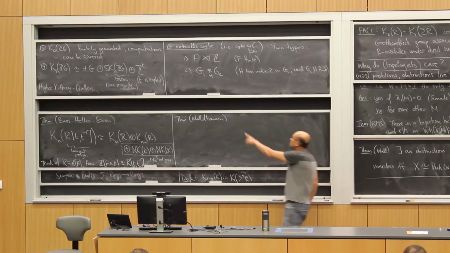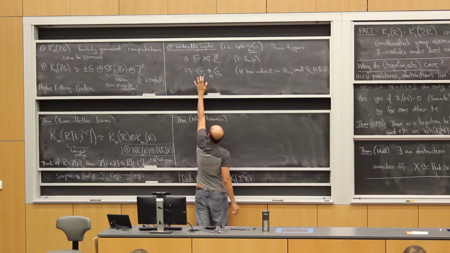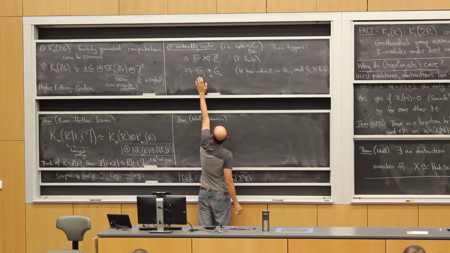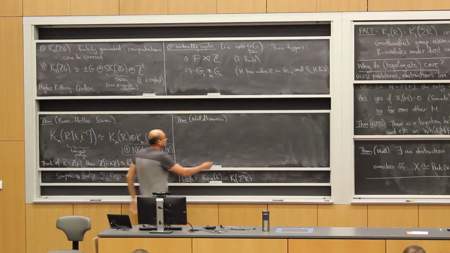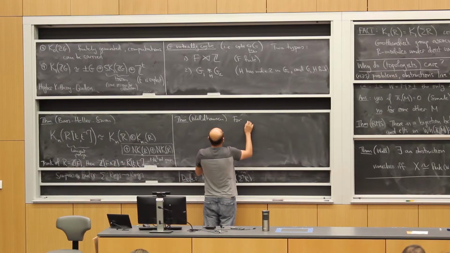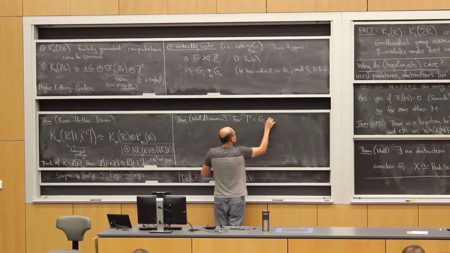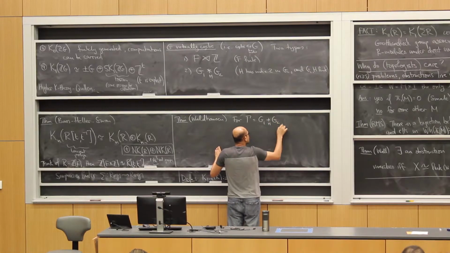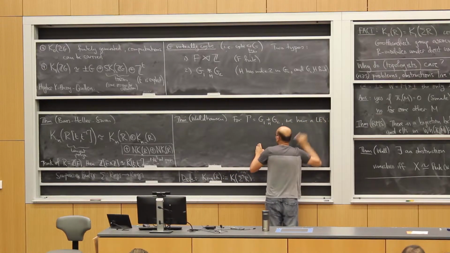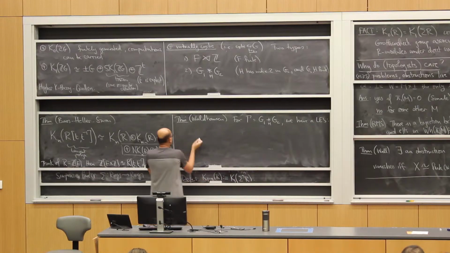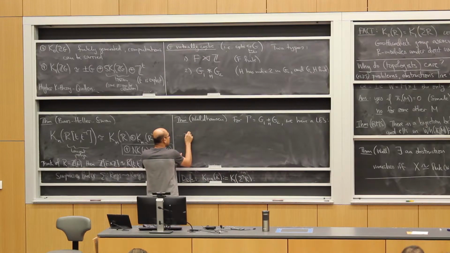So given this situation here, the group H sits inside G1, it sits inside G2, and each of G1, G2 sit inside the entire group gamma. We have a long exact sequence, and the long exact sequence takes the following form.